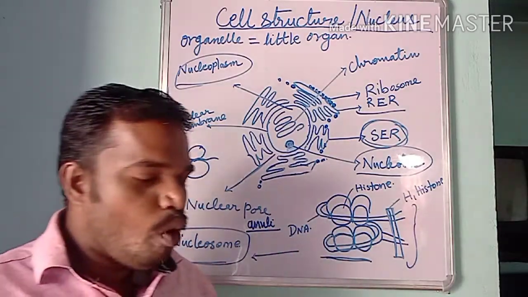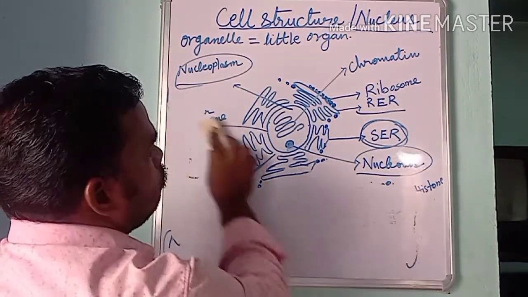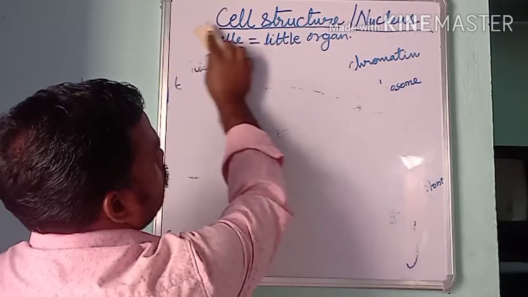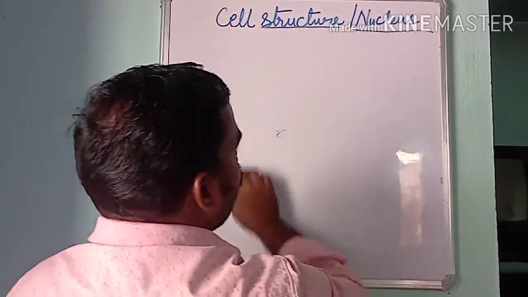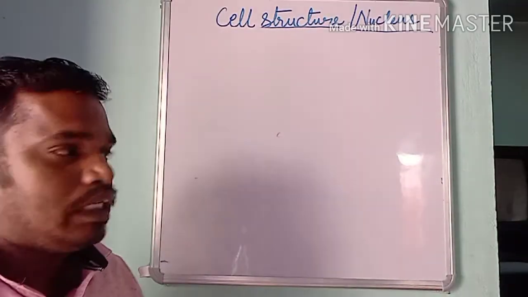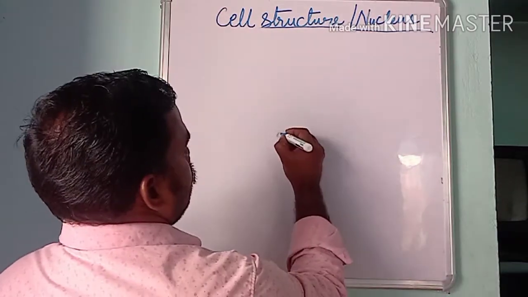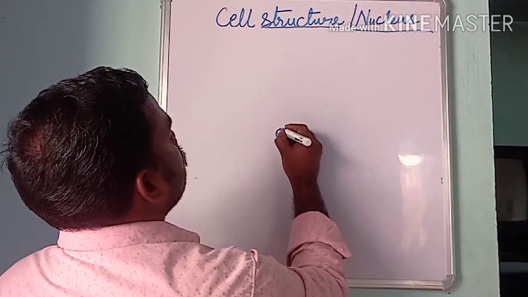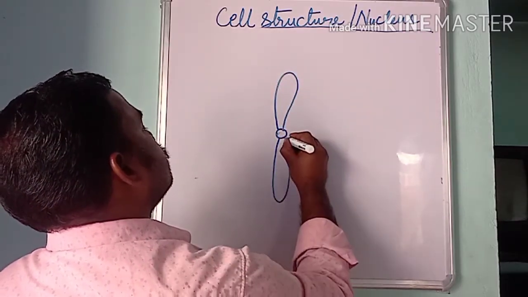Okay, let's move on to the structure of the chromosome. Before that, we will see what euchromatin and heterochromatin are. The chromatin condenses to form the chromosome structure.